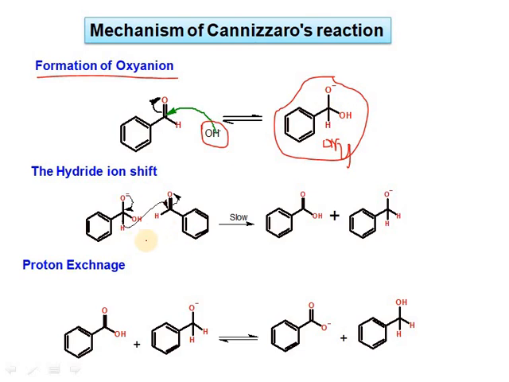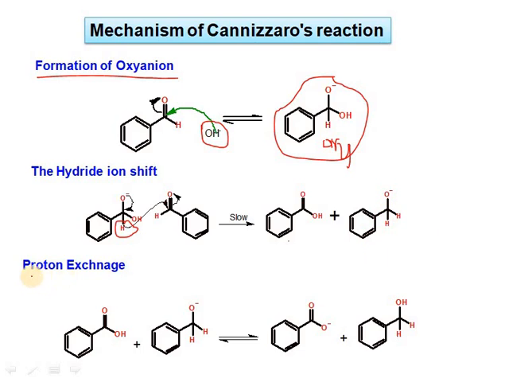So the O minus can reform the carbon-oxygen double bond, and the hydrogen transfers to this carbon, forming a negative charge on oxygen here. So one is an acid and one is the sodium salt of the alcohol, CH2O minus.